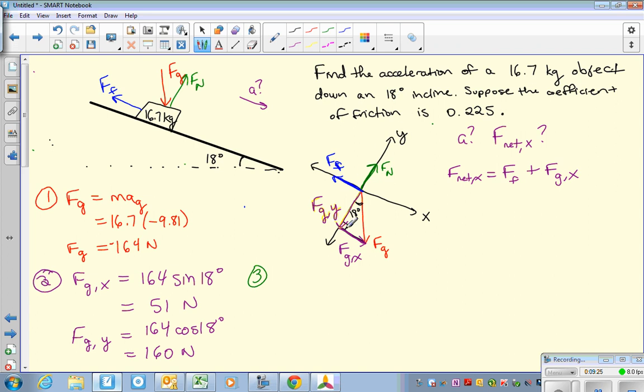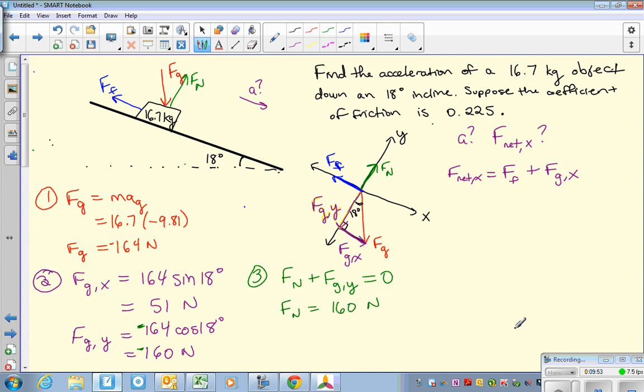And because we have equilibrium in that direction, normal force plus gravity in the y must add up to 0. Well, we already have gravity due to the y, and really, I apologize, but because gravity in the y is going down, these should be negative. So we get the normal force equals 160.